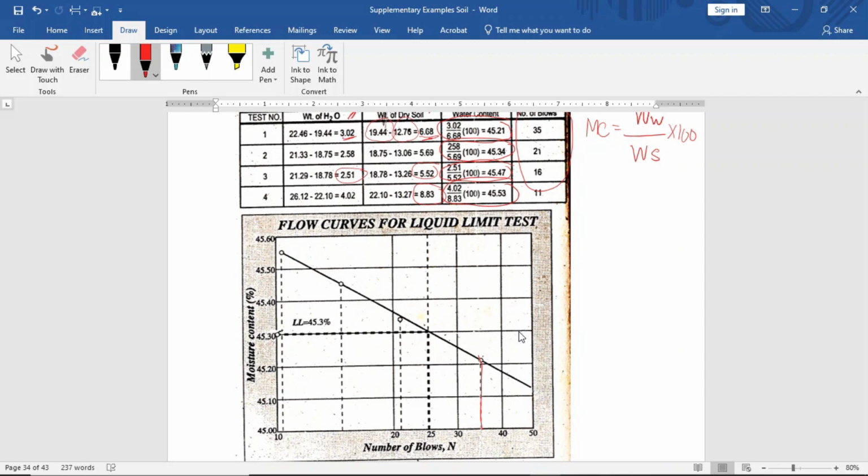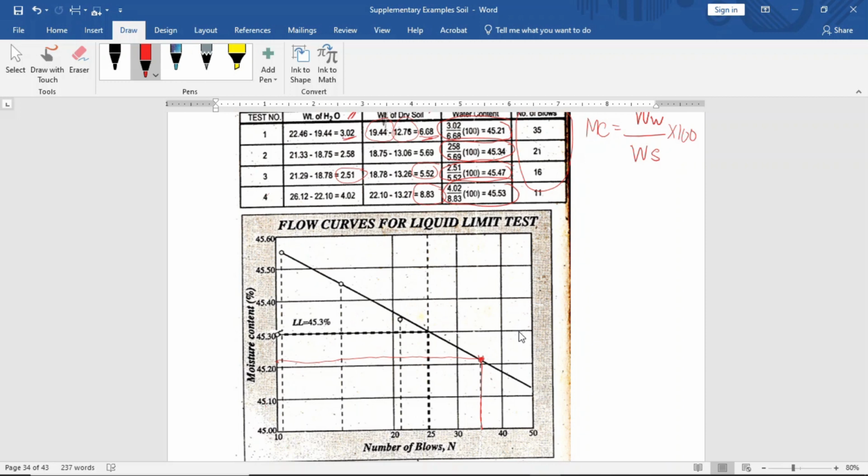Kayo ang magagawa ng sarili nyong liquid limit na curves. Ito, flow curves para mas madali nyo ma-solve. So, ito lang. Yan, dito nag-intersect yung para sa 35 blows tsaka sa 45.21 moisture content.